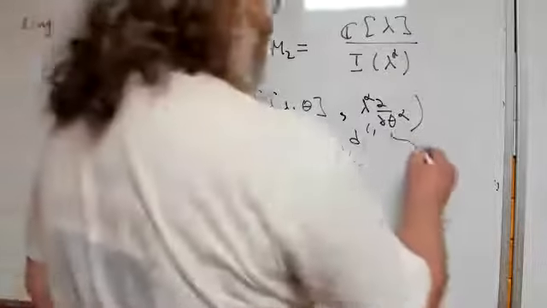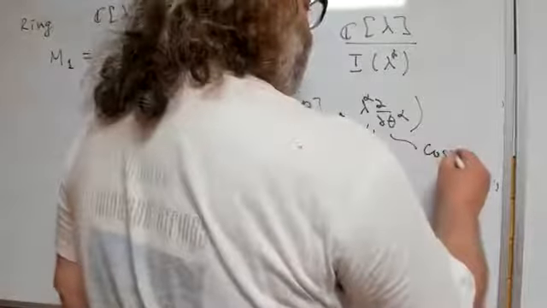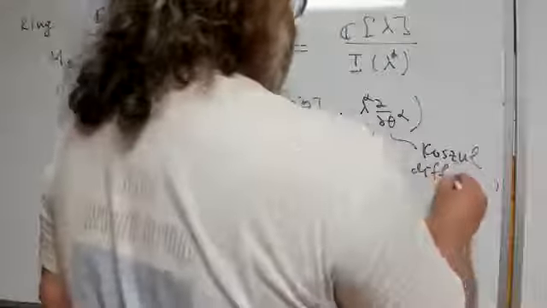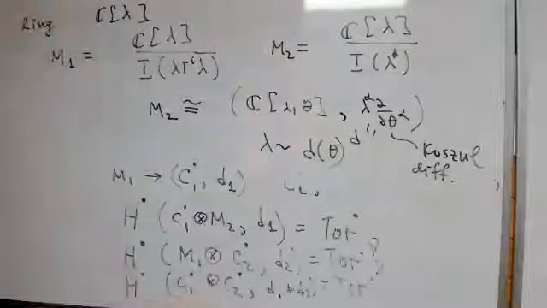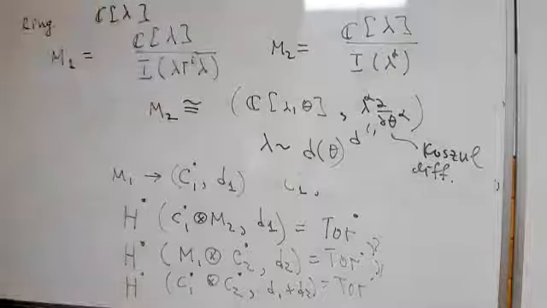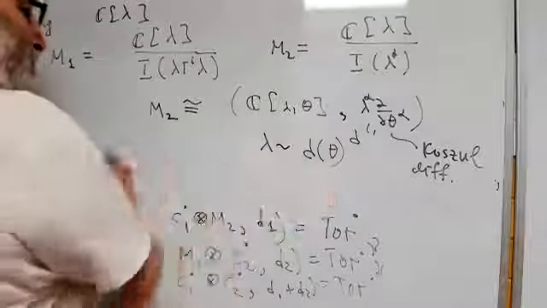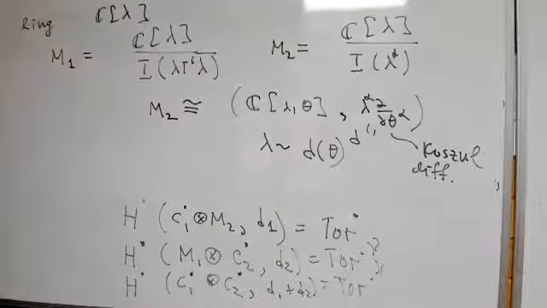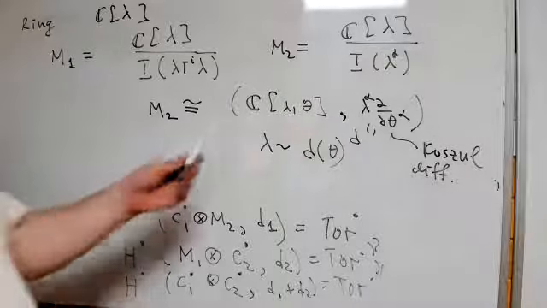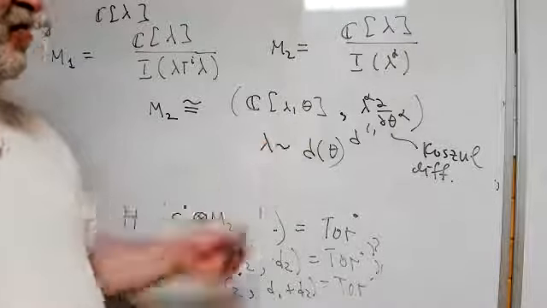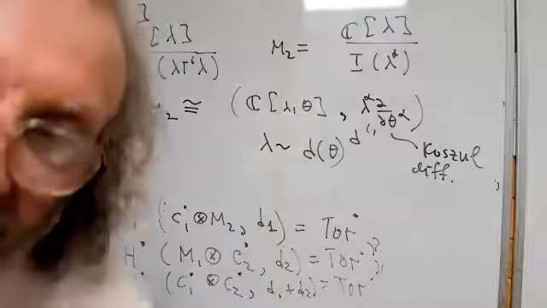And this is called the Koszul differential. Okay. Now, let us see why this is a complex made out of free modules.